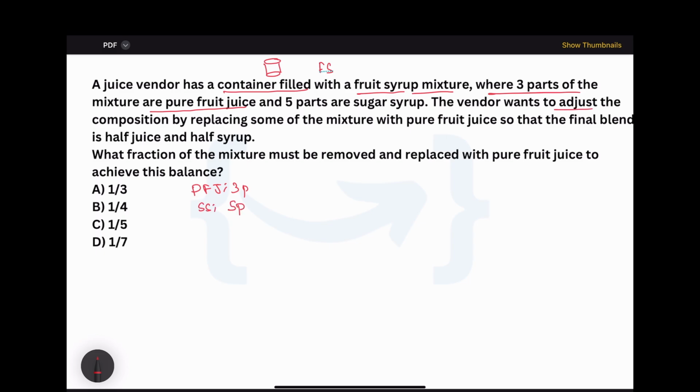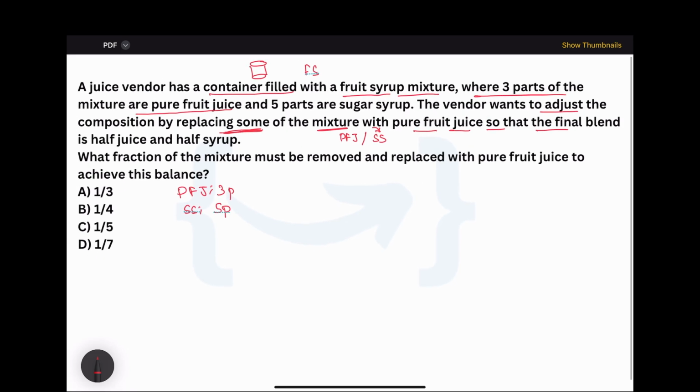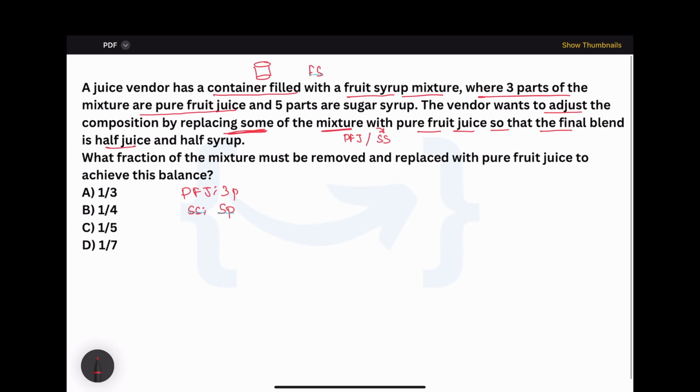The vendor wants to adjust the composition by replacing some of the mixture. So there are only 2 components, pure fruit juice and sugar syrup. He wants to replace something, so definitely he'll be replacing sugar syrup with pure fruit juice, so that the final blend is half juice and half syrup.